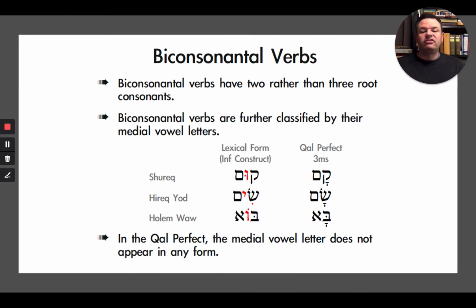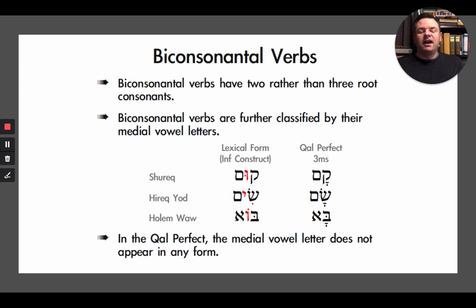Biconsonantal. When we introduced verbs, we talked about how almost every verb is a triconsonantal verb, but there are some that are biconsonantal, that are just two consonants. Biconsonantal verbs are classified by their medial vowel letters, and so you see the lexical form of these words is kum, seer, and bow, with the holam wow there in the middle and then the aleph at the end.